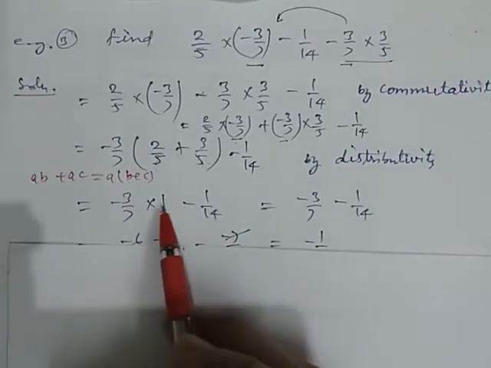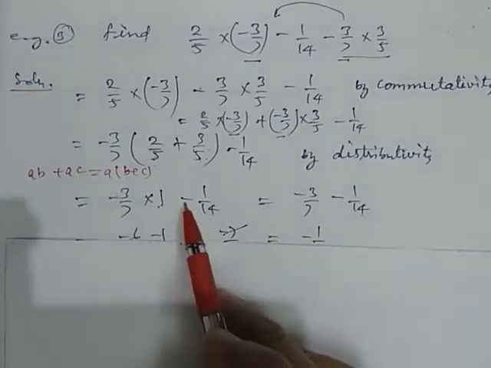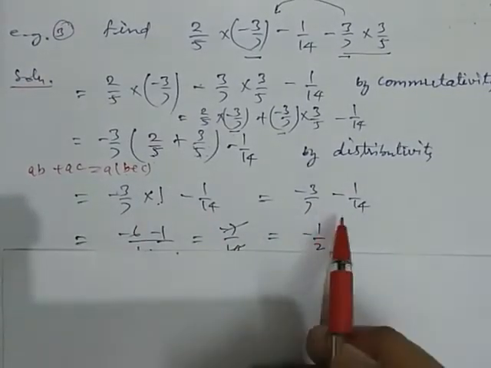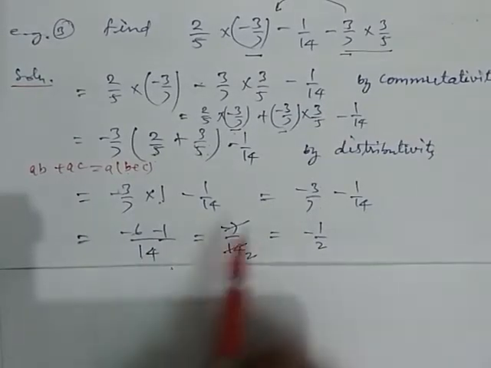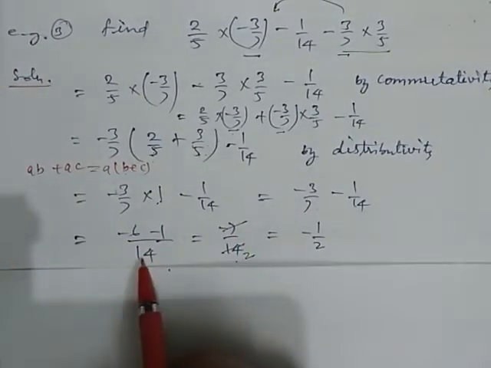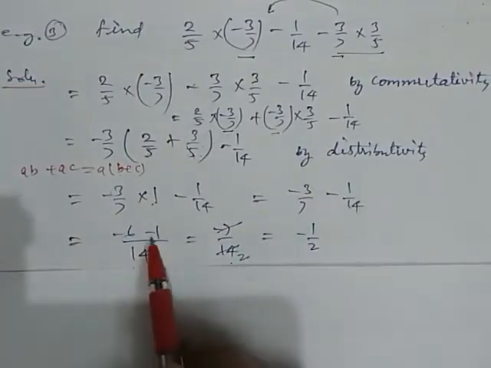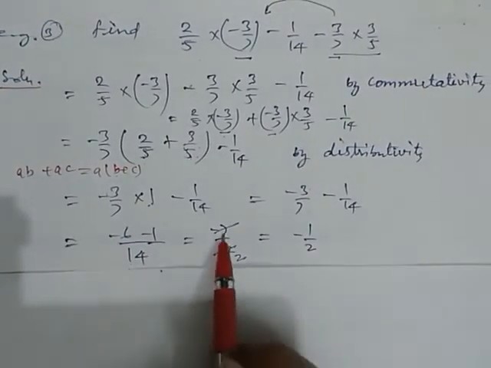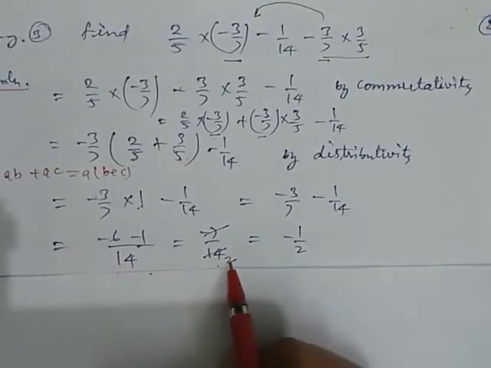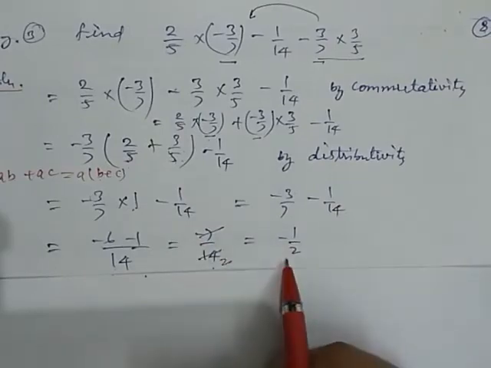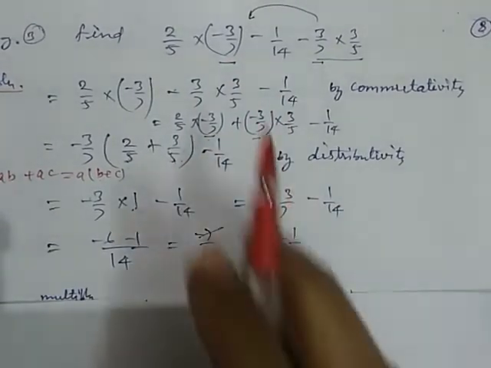Now multiply this: minus 3 into 1, minus 3 by 7 and minus 1 by 14 here. Now take the LCM 14. By dividing 7 we get 2. 2 into minus 3 we get minus 6, and minus 1 here. So we get minus 7 by 14. Here 14 divided by 7 is 2 times. So we get minus half. This is the value, the answer of this question.